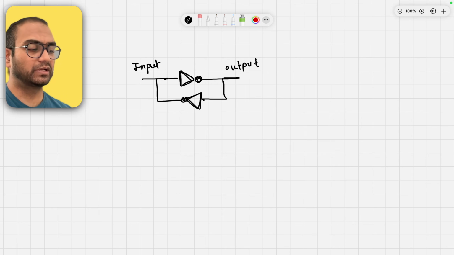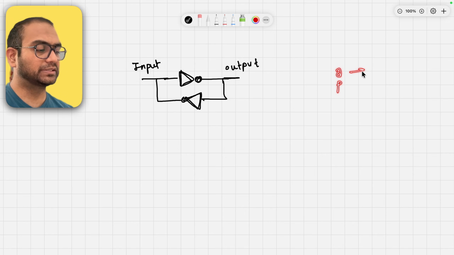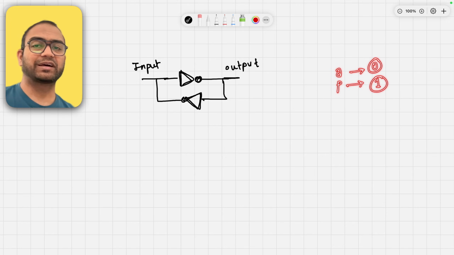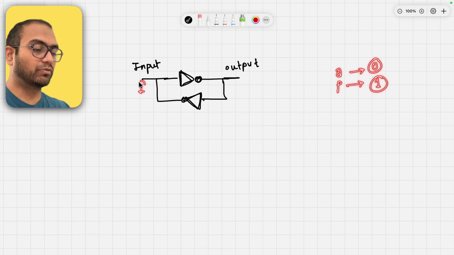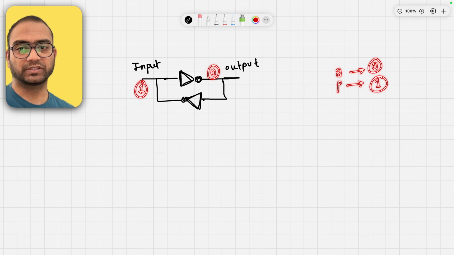So let's go from absent and present to 0 and 1. 1 simply means the signal is available. Signal in this case is a voltage at a certain strength, and 0 would mean the voltage is absent. If the voltage is present at this point, at this point the voltage is going to be absent, so this logical value would be 0.